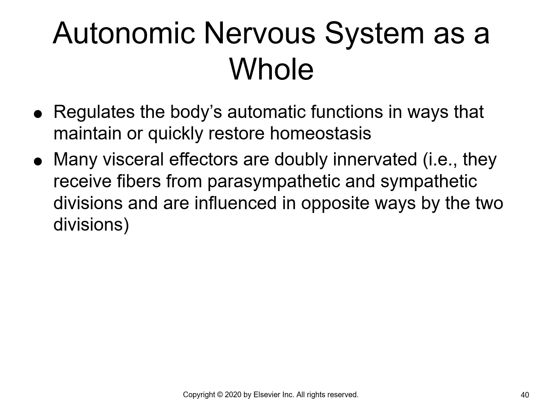Homeostasis is where we want the body to be. Many visceral effectors, which are messengers, are doubly innervated. For example, they receive fibers from the parasympathetic and sympathetic divisions and are influenced in opposite ways by the two divisions.